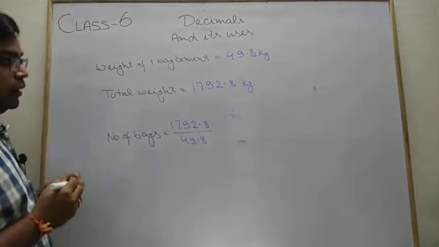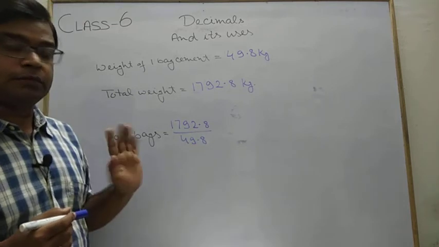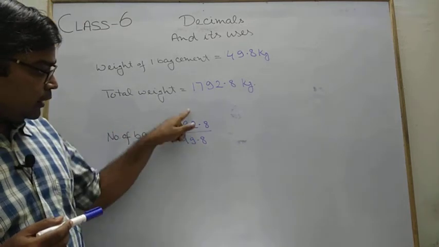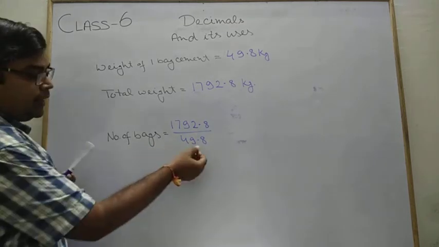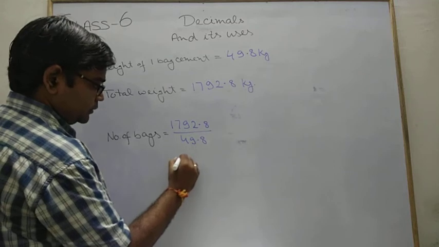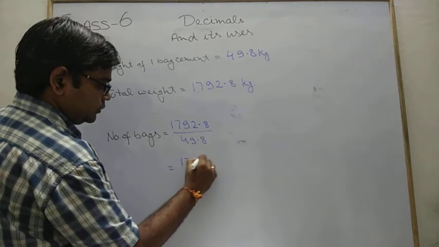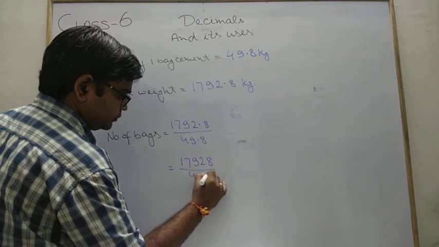Here remember there are decimal numbers, and they are like decimal numbers because after the decimal we have one digit, so we can easily remove the decimal first. So we can write this one and this one.